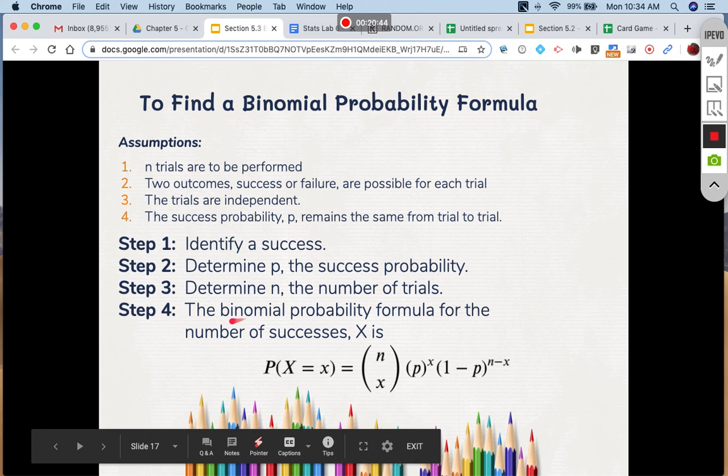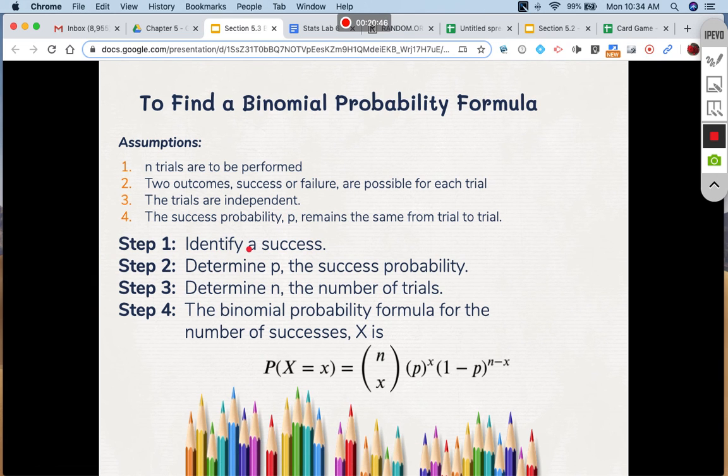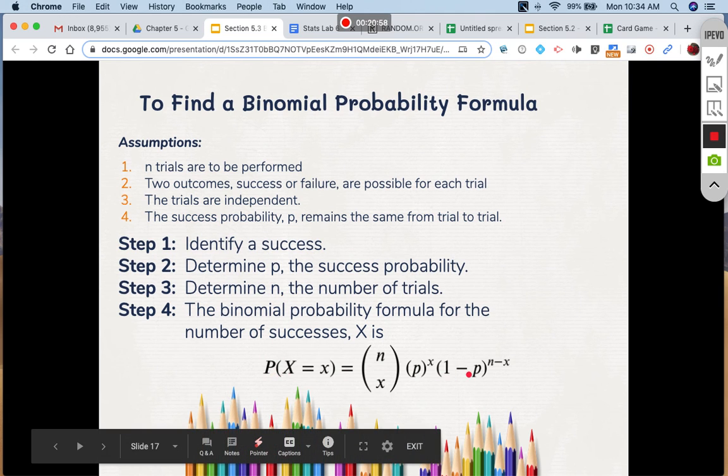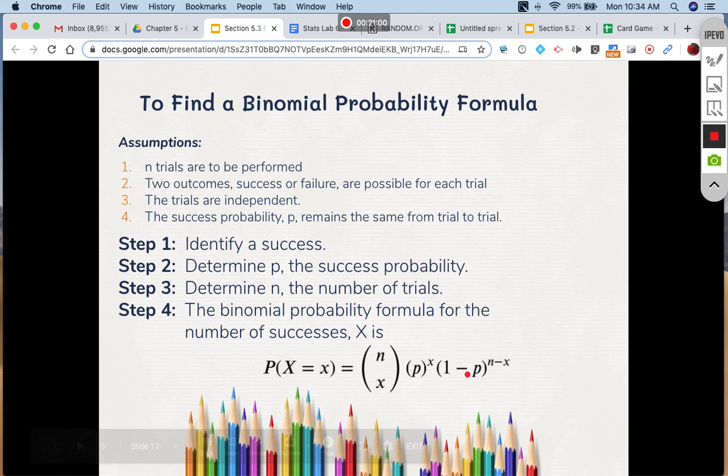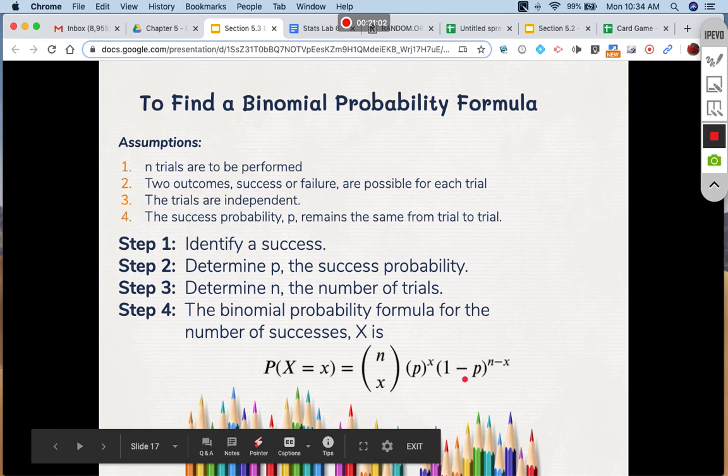So you identify what we mean by a success. You need the probability of a success and the number of trials. Then you can use this formula to find the probability for any number of successes, and you put them all together, you get your binomial distribution.